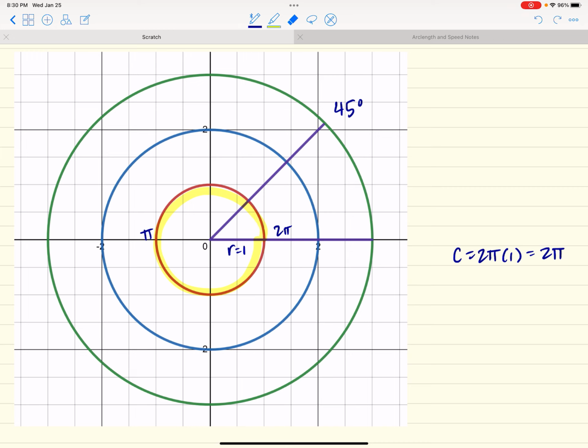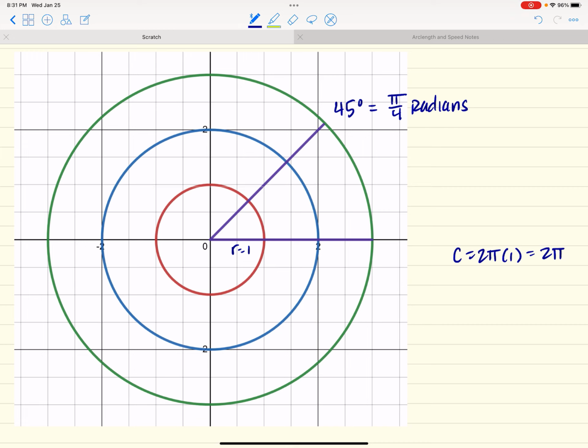So not only could we call that a 45-degree angle, but we could say that it is equal to pi over 4 radians. So that's a pi over 4 radian or 45-degree angle there.